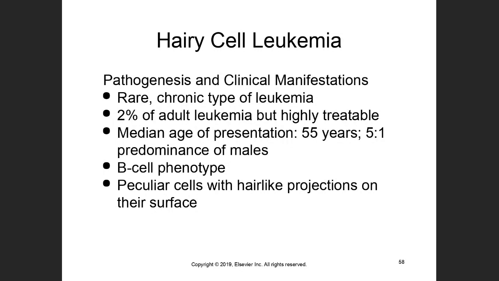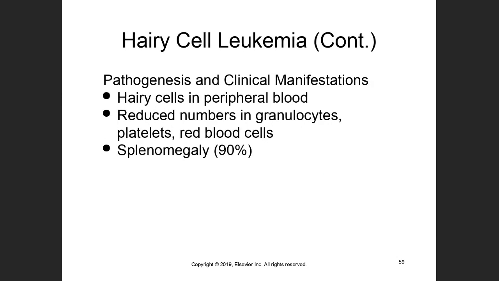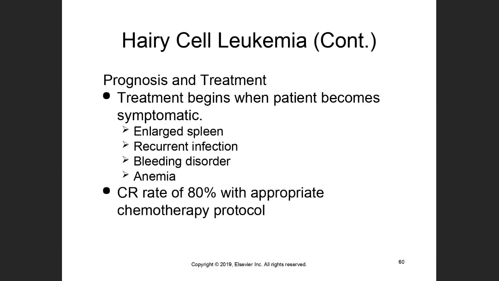Hairy cell leukemia is a type of leukemia where one of the main characteristics is cytologic: under the microscope you're going to see hair-like projections, but you only see this under the microscope, okay? Prognosis and clinical manifestation: hairy cells in peripheral blood, reduced number of granulocytes, and splenomegaly is a common characteristic.